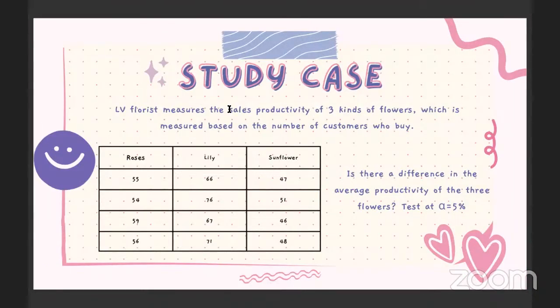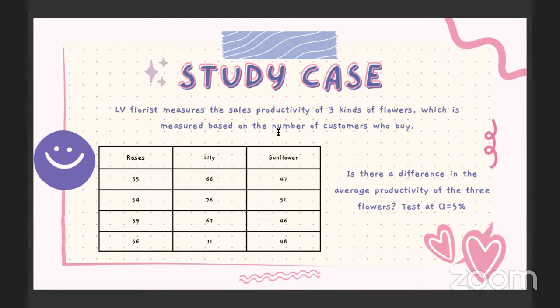Study case: a healthy florist measures the sales productivity of 3 kinds of flowers, which is measured based on the number of customers who buy. Roses: 55, 54, 59, and 56. Lily: 66, 76, 67, 71.